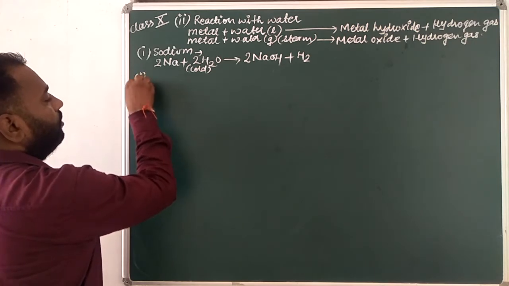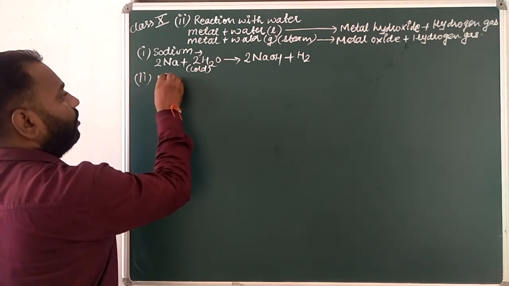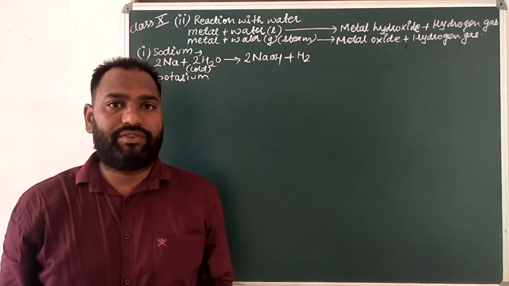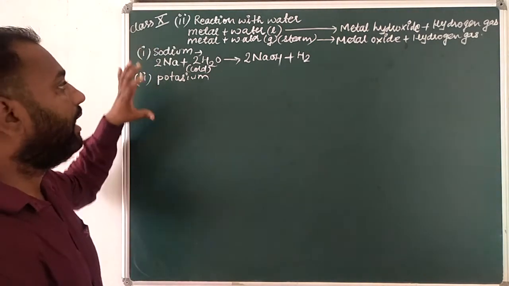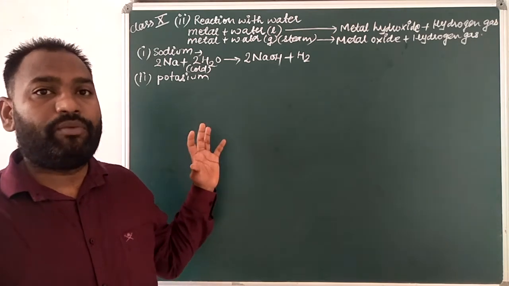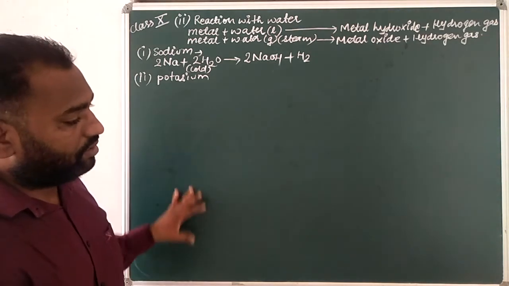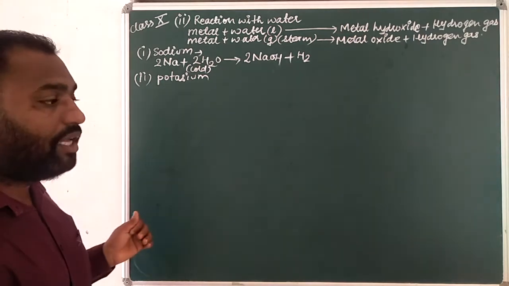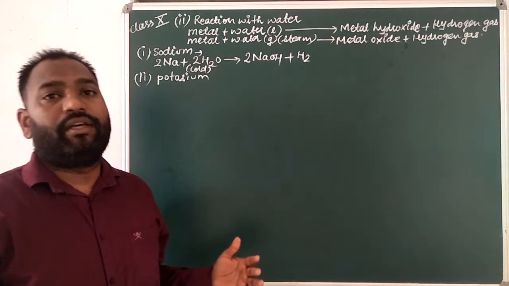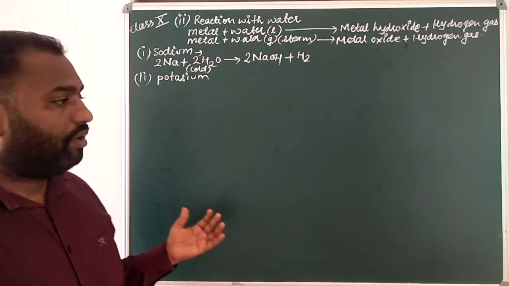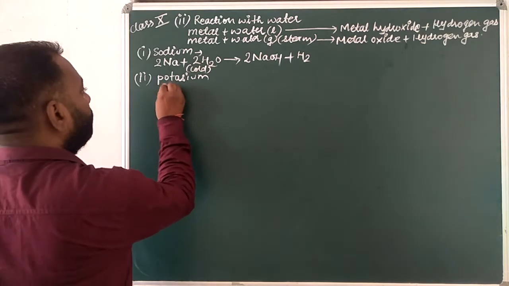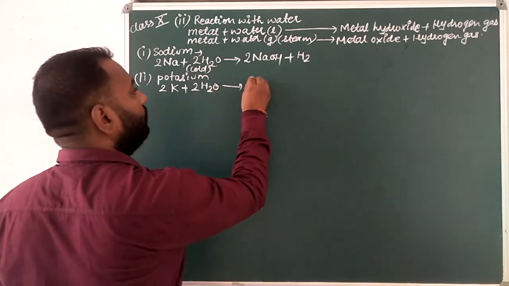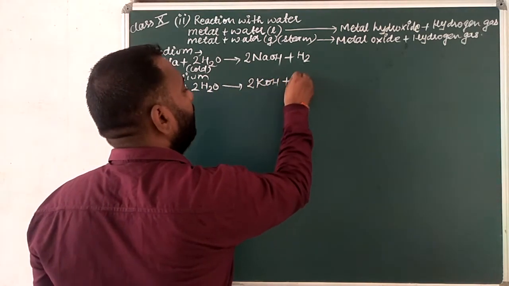Second one, potassium. In the reactivity series or activity series, you will see sodium (Na), potassium (K), magnesium and aluminum on the upper side. They are considered the most highly reactive metals. At the downside, after hydrogen, you will see copper, platinum, silver, gold and similar substances. So for potassium: 2K plus 2H2O gives 2KOH plus H2.